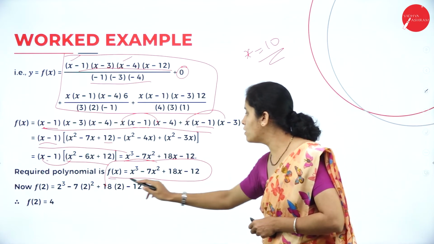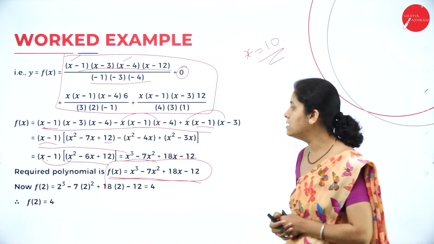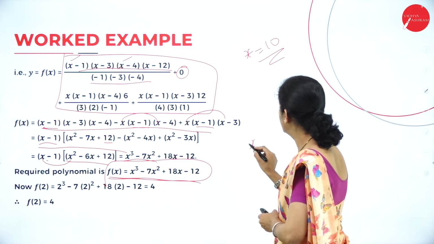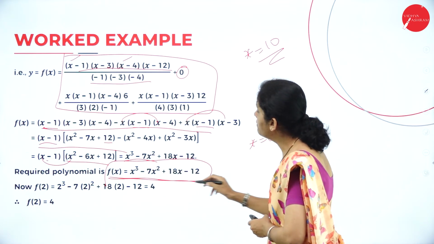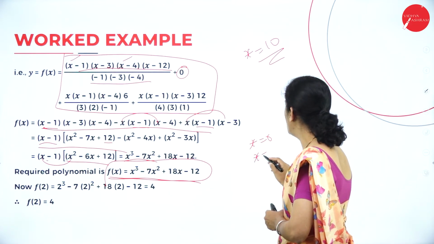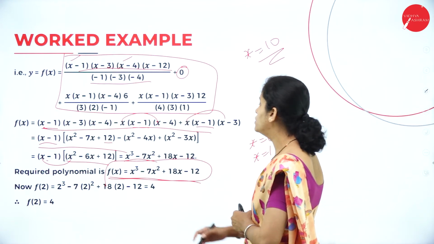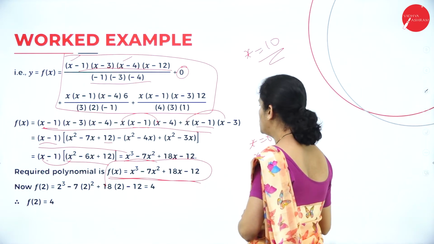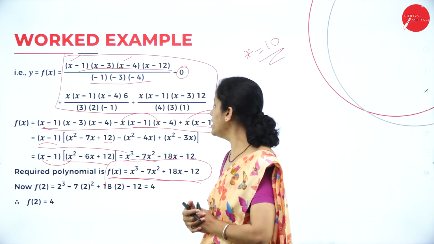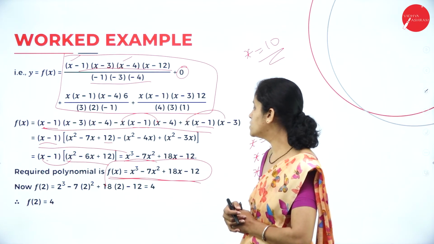Now here I got the polynomial, and for this polynomial, if I start substituting the x value equal to 0, the whole thing will become 0. Now, if x equal to 1, once again I'll get the answer 0. So I'll take x equal to 2. That is 2 cube minus 7 into 2 square plus 18 into 2 minus 12.